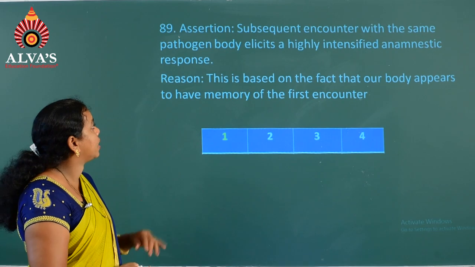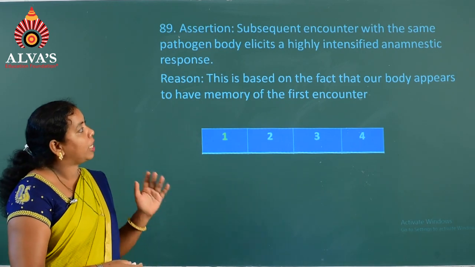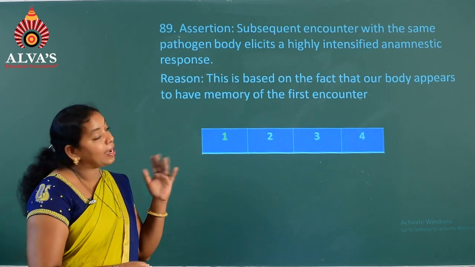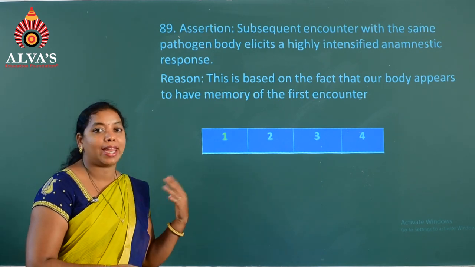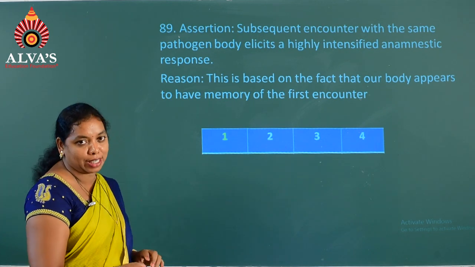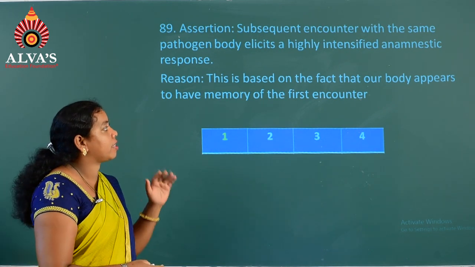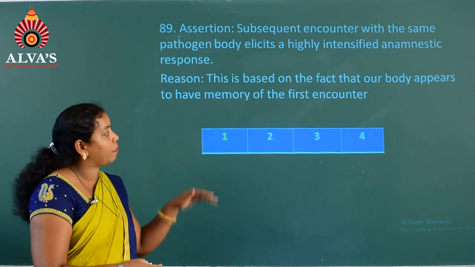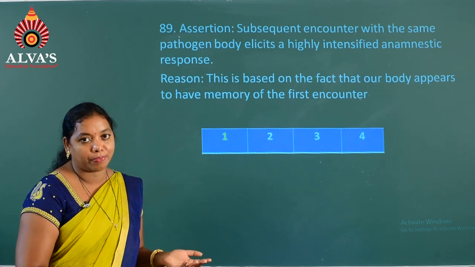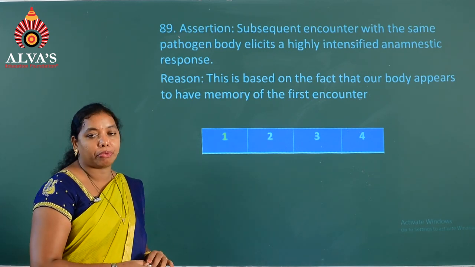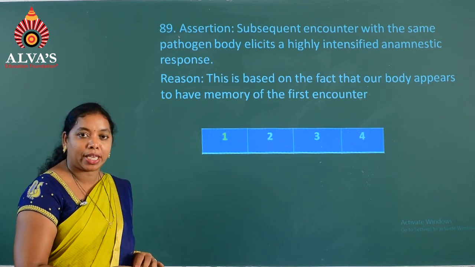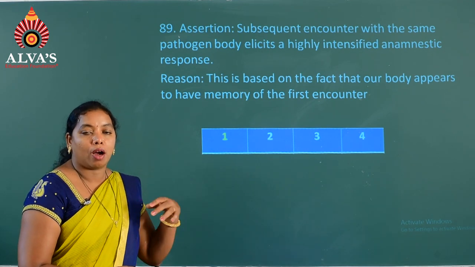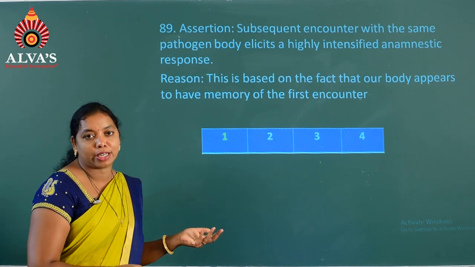Moving on to the next question, 89. Assertion: on subsequent encounter with the same pathogen, the body elicits a highly intensified response called anamnestic response or secondary response. Reason: this is based on the fact that our body appears to have the memory of the first encounter. It is a type of acquired immune response where, based on memory, our immune cells produce a primary and secondary response.